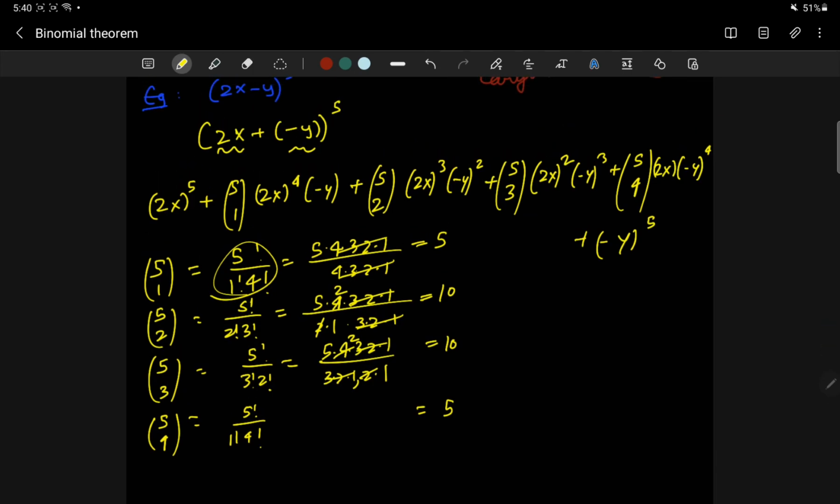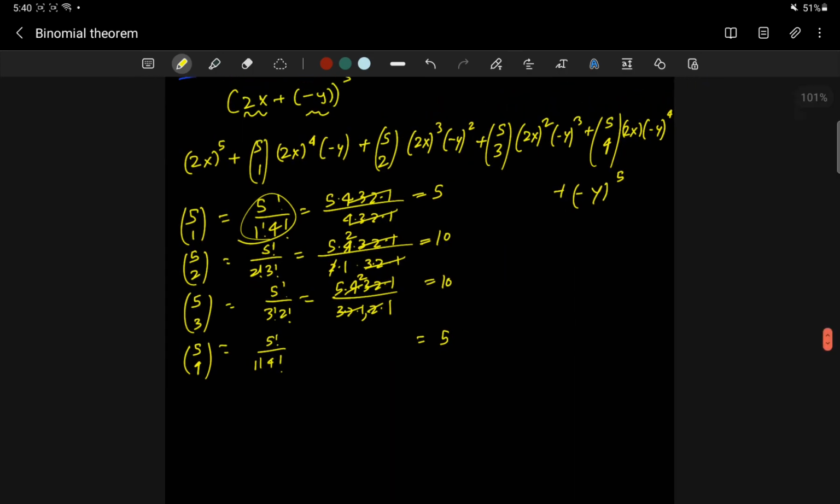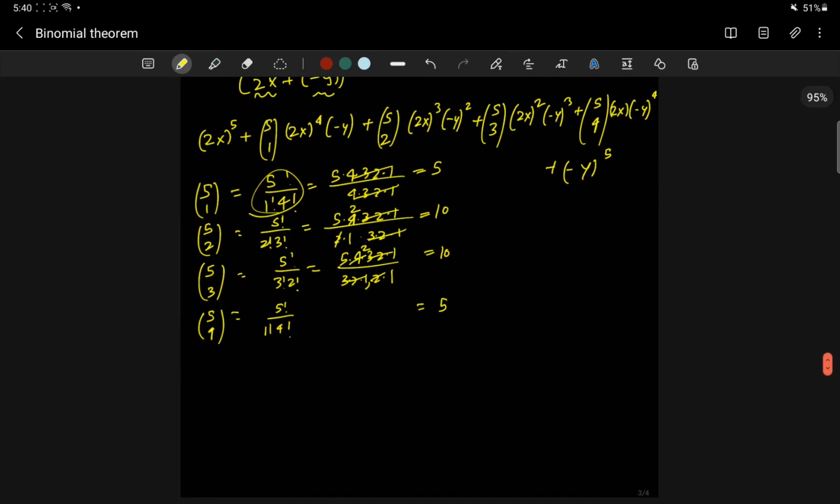Now you just have to take the proper powers. 2x to the 5 means it's 2 to the power 5 as well. So it's 32x to the 5 plus 5 times 16x to the 4 times negative y. Then you have 10 times 8x cubed. Negative y whole squared becomes a y squared. Then you have 10, 4x squared and negative y cubed.